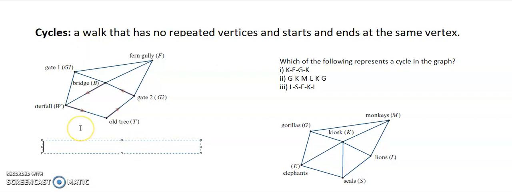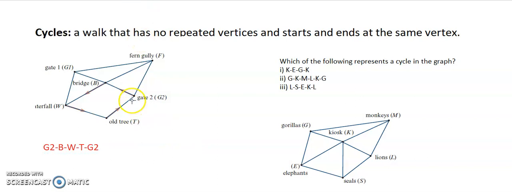So here we are starting off at gate 2. We are then moving to the bridge. We are then moving to the waterfall, over to the tree, and back to gate 2.